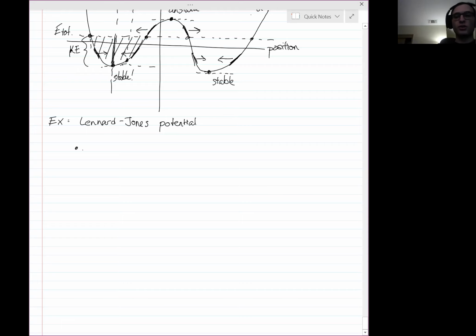The Lennard-Jones potential is a potential energy associated with the force between two particles, for which the force between them depends on the distance between them.